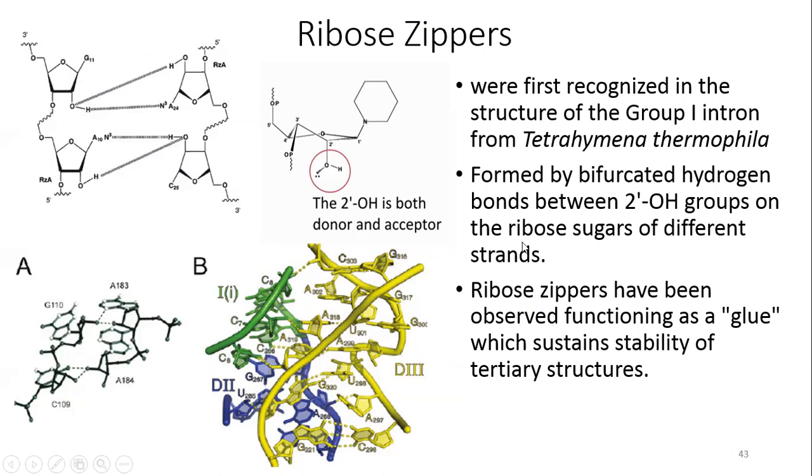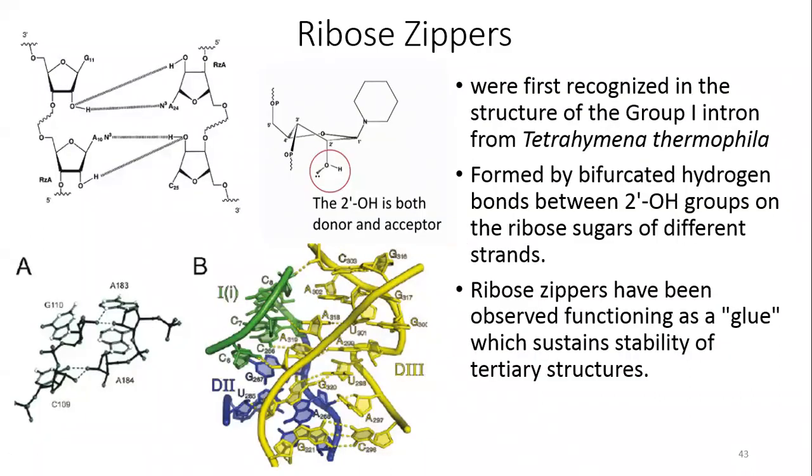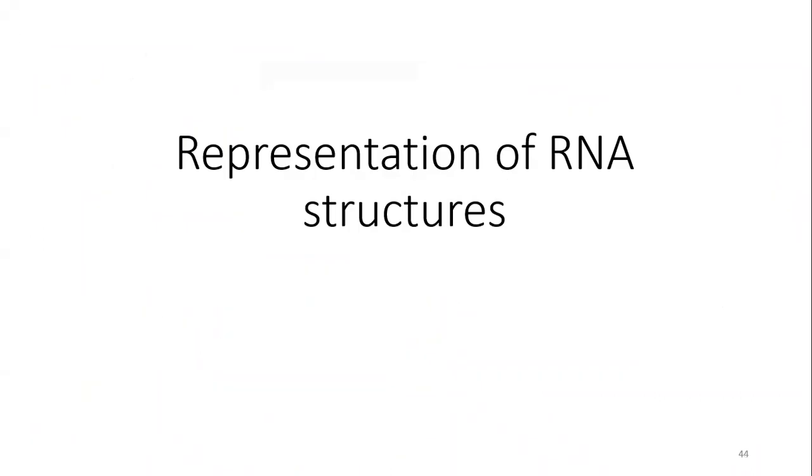It acts as a glue. It holds together the strands in RNA structure. Okay, and it is all possible due to formation of two hydrogen bonds via its hydroxyl group. Okay, so that was all about some famous tertiary structures of RNA.